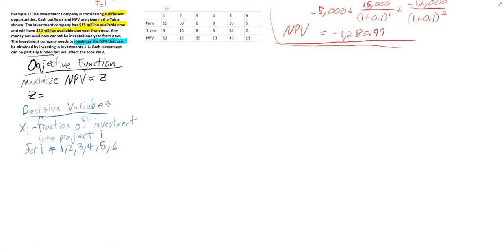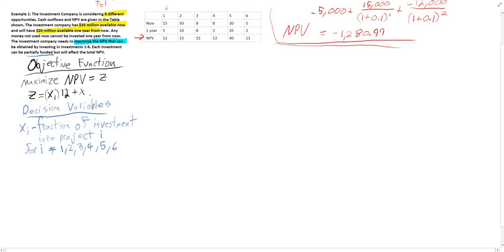So now we can go back knowing that we have this decision variable. We're trying to maximize this variable here. We're going to go back to our Z, and we know that the fraction x1 times the net present value of investment 1 will give you that value.